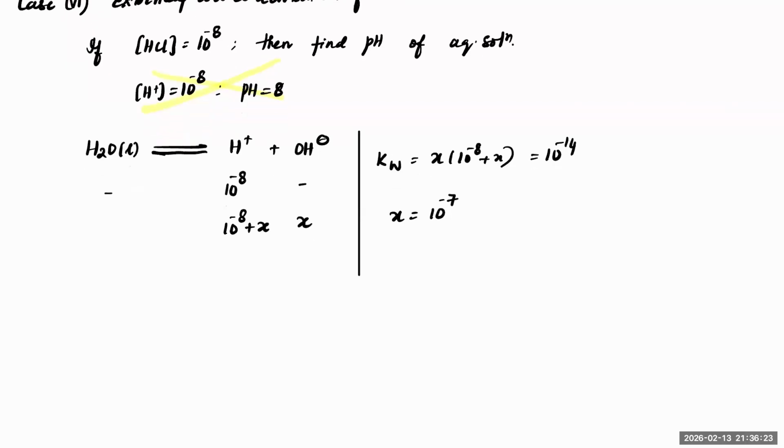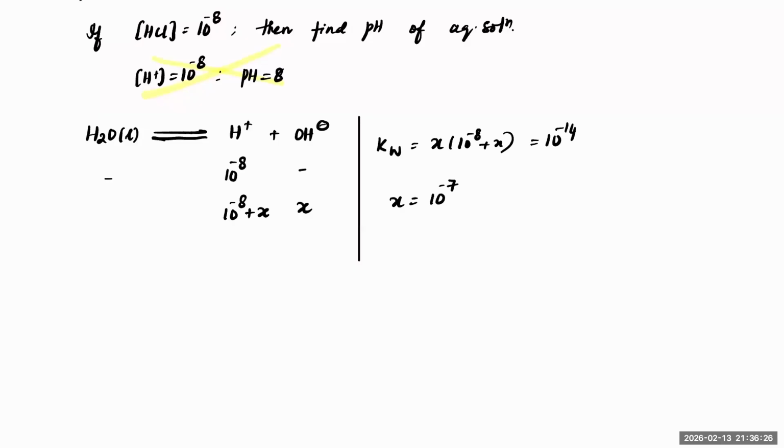Which means if I add these two, then I get the H plus concentration. So the H plus concentration of the solution will be 10 raised to power of minus 8 plus 10 raised to power of minus 7 approximately. I'm writing it approximately, so this is 10 raised to power of minus 7 into 0.9, correct? Sorry, I'll write it this way, 10 raised to power of minus 8 into 10, correct?